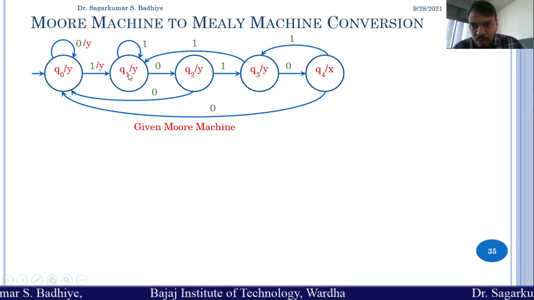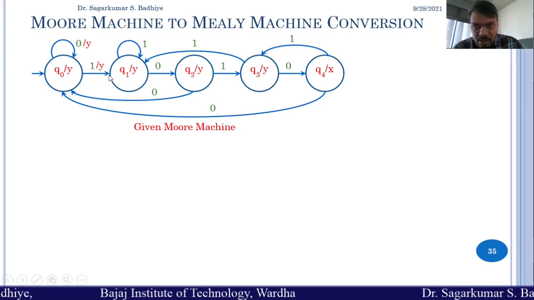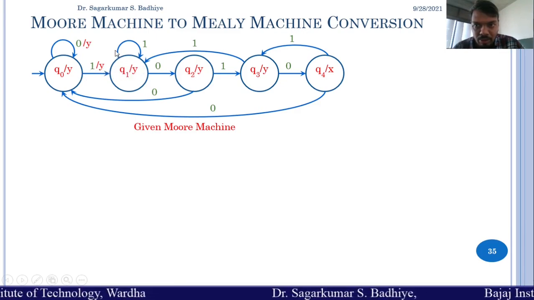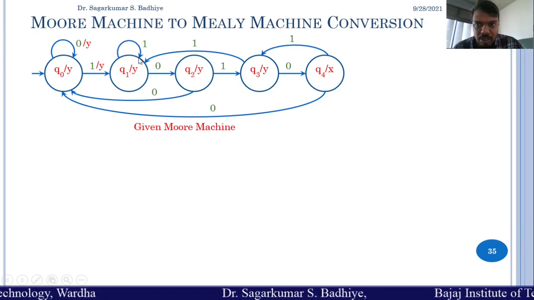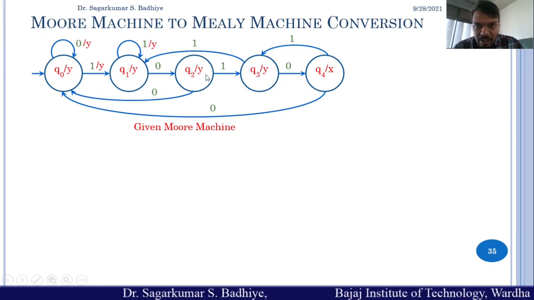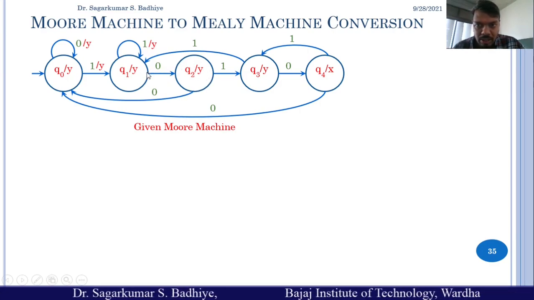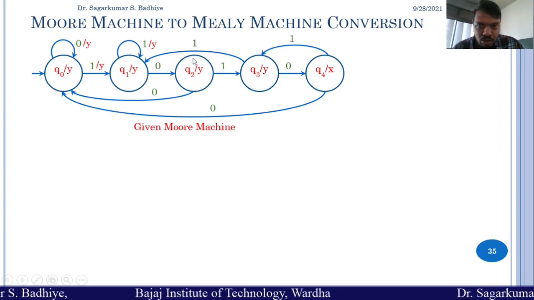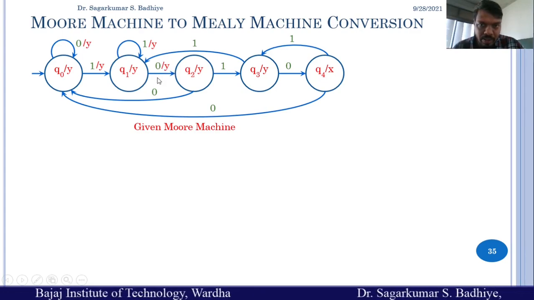So for q1 the input transition is this one, so whenever this transition is taken it will produce output y. Another input transition on q1 is this one, it will again produce an output y. Then if you look at q2, the input on q2 is from q1, which is 0. So whenever q1 on 0 goes to q2, it will produce an output y, right?